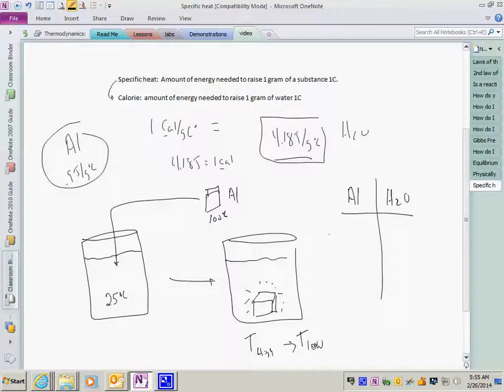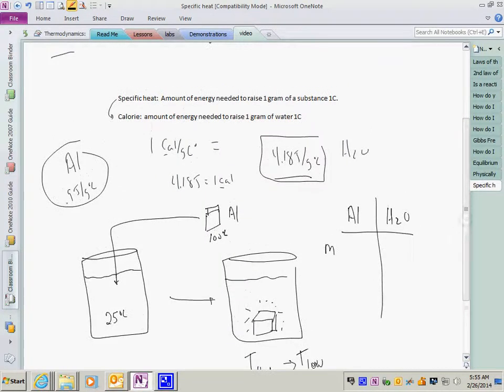Mass, and the equation that governs this transfer of energy, the specific heat: Q, which is the energy in joules, is equal to the mass in grams times the change in temperature, which is temperature final minus temperature initial, times C, the specific heat.